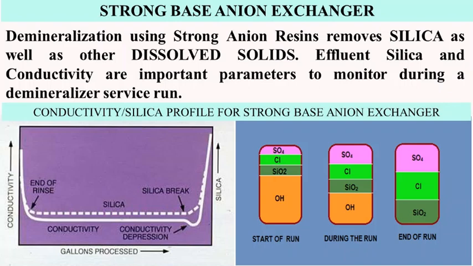So, as the anion resin exhaustion progresses, the more conductive mineral ions break through, causing a subsequent increase in the conductivity.